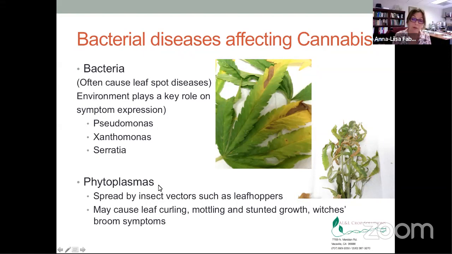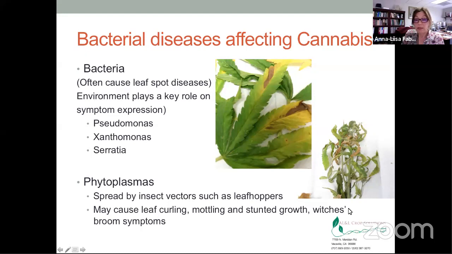We found phytoplasma from plants that Joanna actually brought to our attention. These were grown at a Nevada site, and were really highly symptomatic plants, with stunted growth, mottling, leaf curling, and we isolated phytoplasma. It's also a bacterium without cell walls. It's colonizing systemically inside the plant.